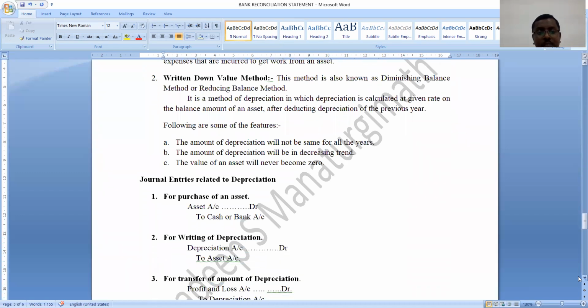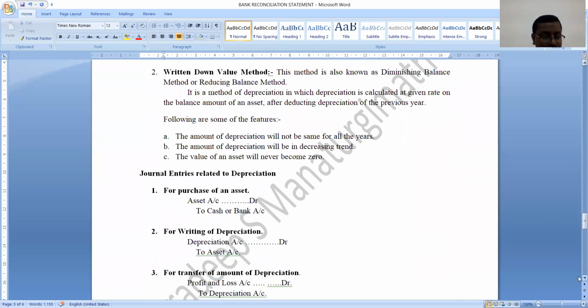Okay. Then the second method is the written down value method. Which method? Written down value method. What is the written down value method? First of all, this particular method is also known as the reducing balance method or diminishing balance method. Under this method, only in the first year we charge depreciation on the original cost of an asset, and for further years we charge depreciation on the written down value of an asset.